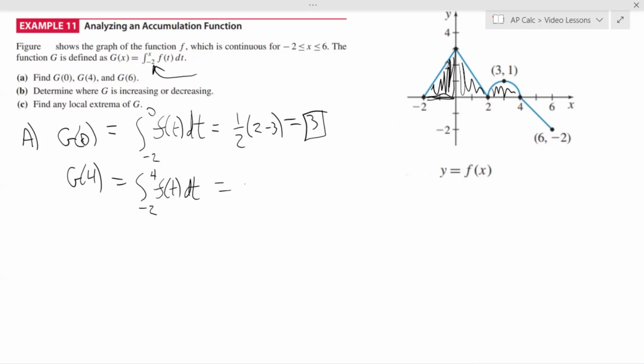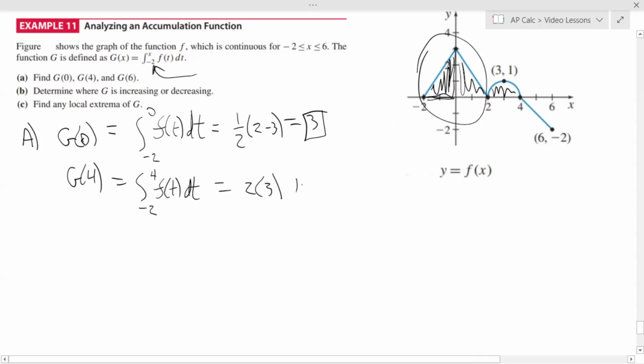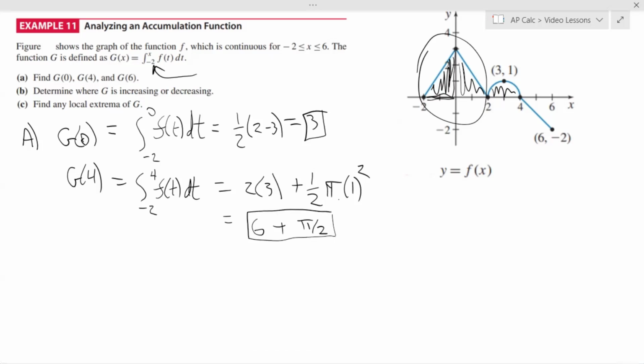So that's going to be 2 times 3, that's the triangle part, plus 1/2 pi r squared. So this is going to give us 6 plus pi over 2. All righty, and that is our exact answer. Again, if you needed the decimal one, you just dump it into a calculator.